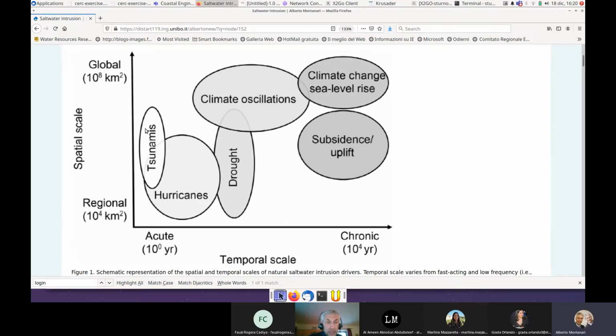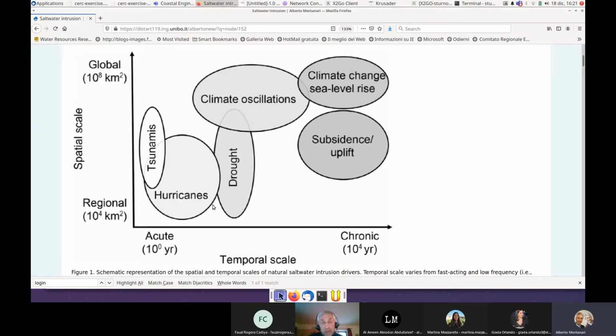So you have the tsunamis that take place on a very short time scale, and they have an effect that is typically concentrated in the local to regional scale. And then you have hurricanes. Their time scale is more extended, and their spatial scale is more or less similar.